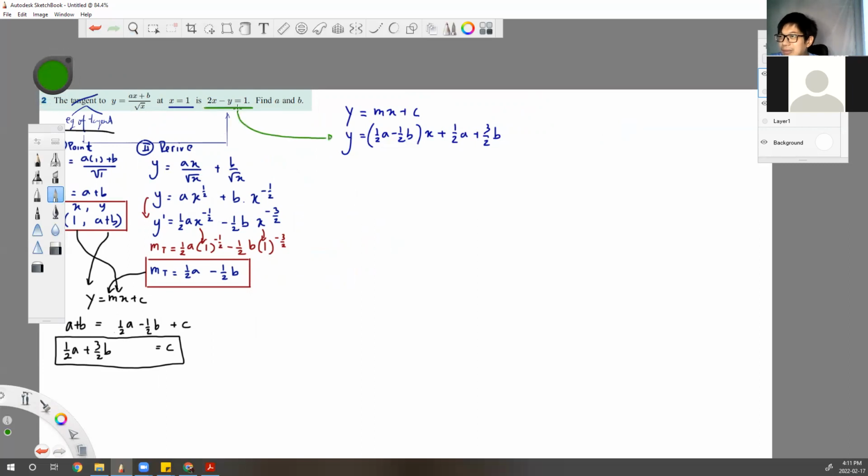This is equal because they are saying about the same thing, the equation of the tangent. This is the equation of the tangent through our calculation, through derivative. This is the equation of the tangent through the question, through the clue. So you have to equalize them, right?